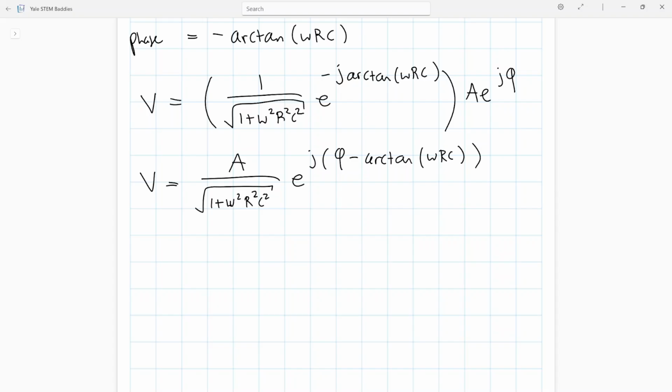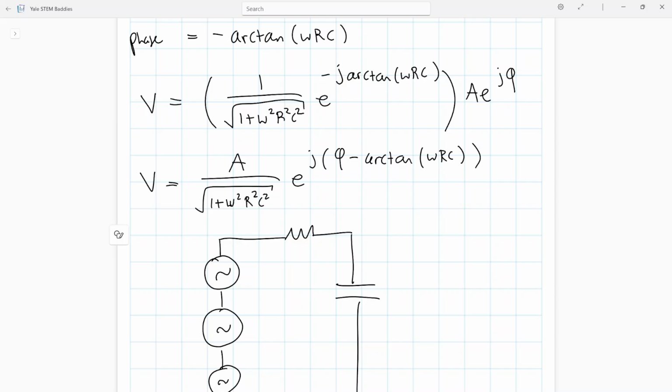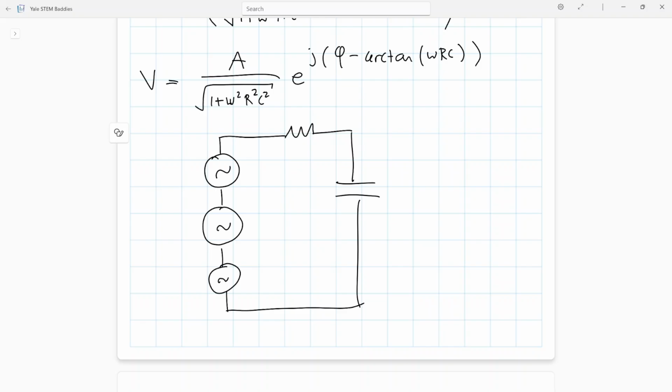And a fun fact is that if we chain together or add together multiple different signals and pass them through this RC filter, this RC filter will behave linearly. And so the output here is going to apply this transformation to all three of these input signals, and then it's basically just going to add them together.